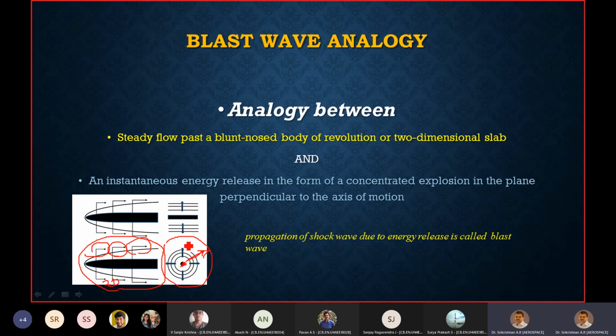So a one-dimensional unsteady propagation of the wave. So a steady two-dimensional problem, I can relate to the unsteady propagation of a blast wave, a centralized wave in the radial direction. Okay, so this is the kind of equivalence that we are trying to strike between 2D steady and 1D unsteady.